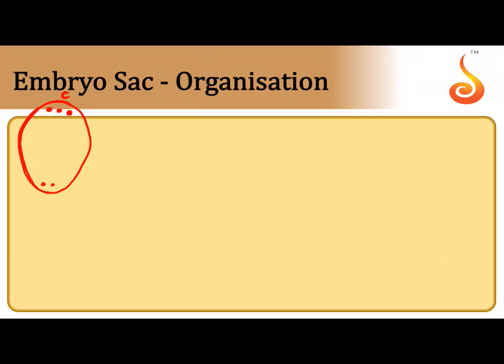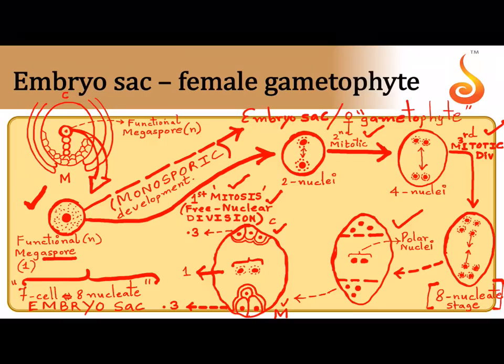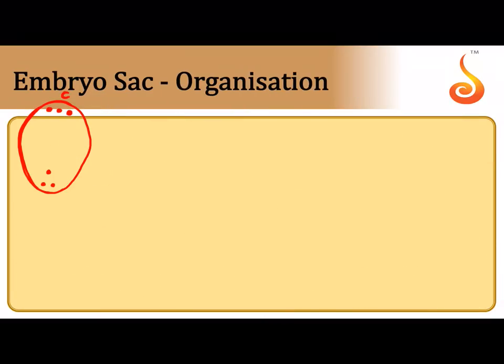Then 3 of them remain in one of the pole, that is the micropylar end, and 2 nuclei will come to the center. And what is formed? Between the 3 nuclei, boundaries are formed here. See, they become cells, and these also become cells.